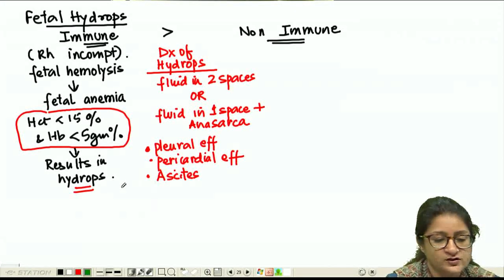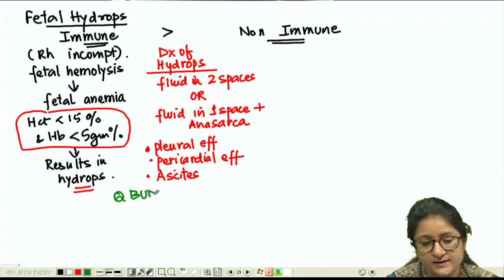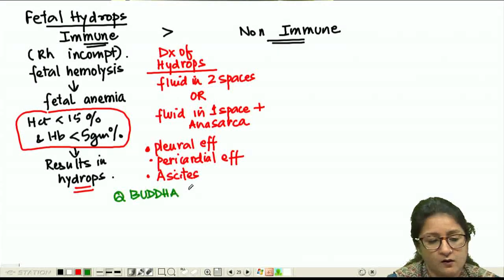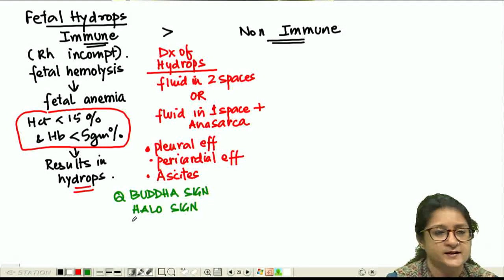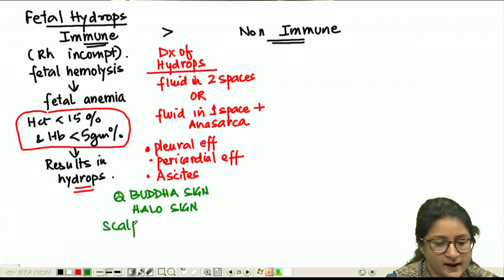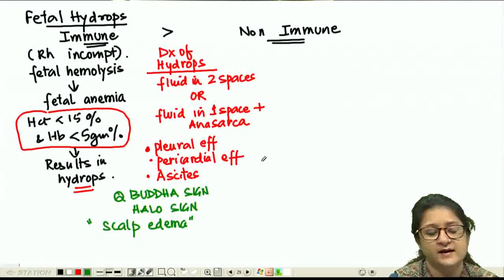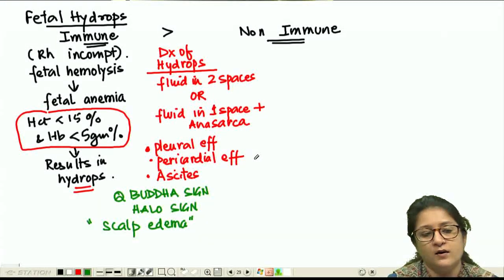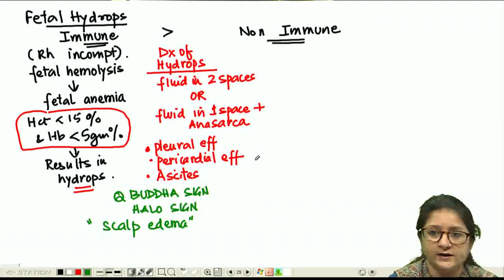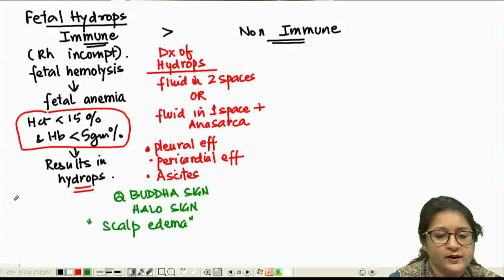Sometimes they have asked this question, what is Buddha's sign? Buddha's sign is also called the halo sign. This is seen with fetal hydrops. It is basically scalp edema that leads to the Buddha sign or halo sign on ultrasound, found in hydrops. Another important point is there are features which are associated with hydrops but not diagnostic of hydrops.